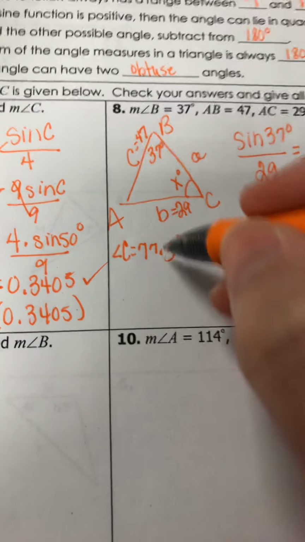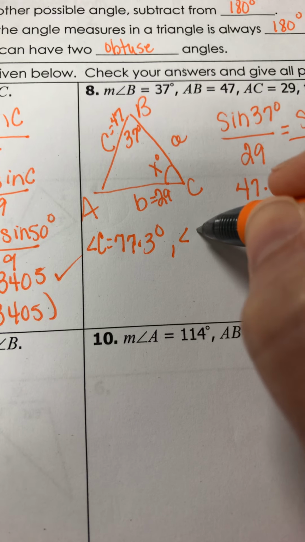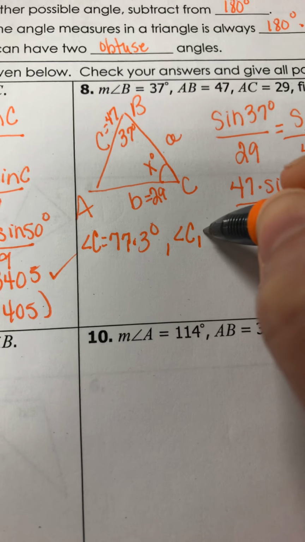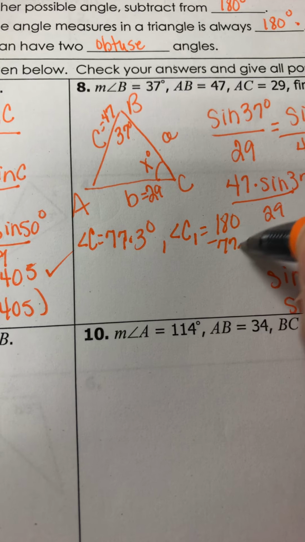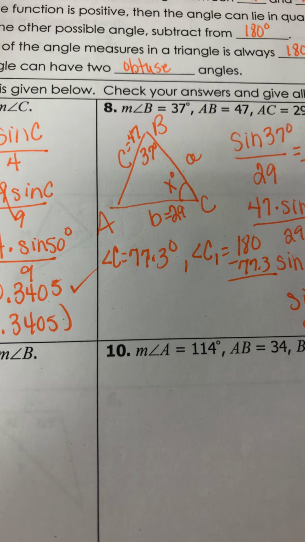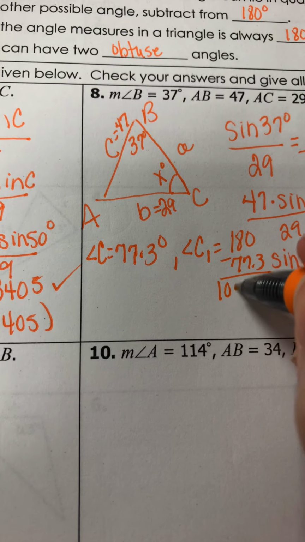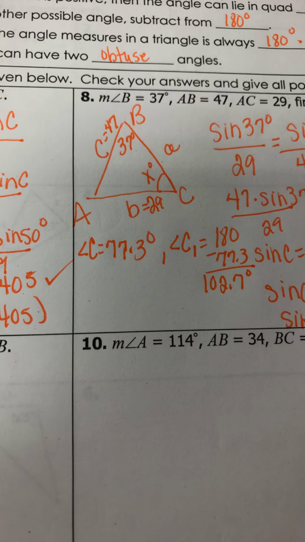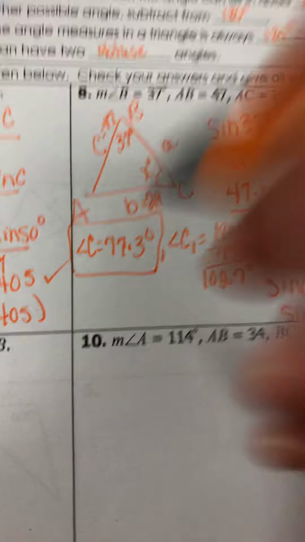Okay, so that's my guaranteed one triangle. Let's do a proposed second angle. So let's find C1. So 180 minus 77.3 degrees is going to give me 102 7/10 degrees. Okay, so this one is an answer no matter what.